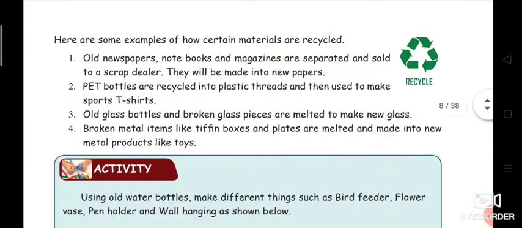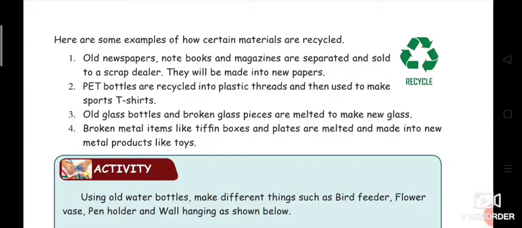They will be made into new papers. So, all old notebooks, all old newspapers, and all old magazines are separated and they will be made into new newspaper.